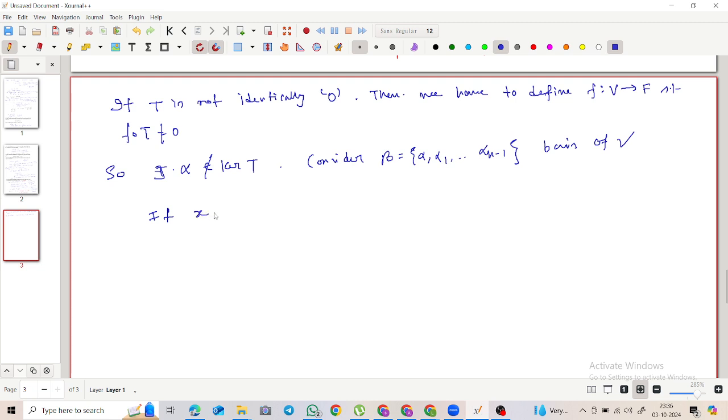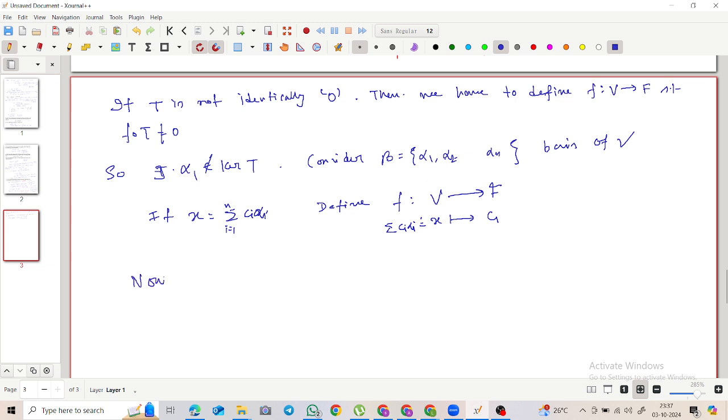So if x is the summation of c_i alpha_i, i running from 1 to n, define, I think this should work, f sending x to c1, the coefficient of alpha 1. Okay, I am sending it to there.